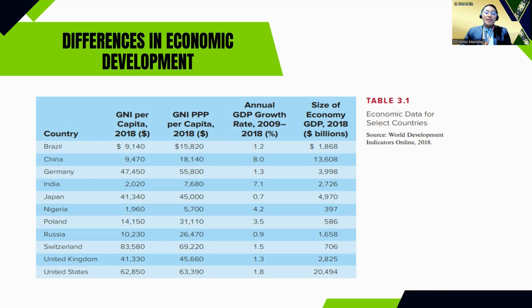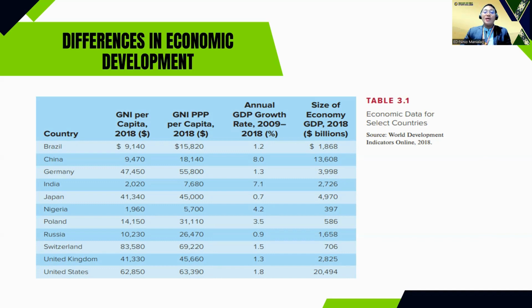Japan, on the other hand, has a GNI per capita of $41,340 with a PPP adjustment of $45,000, showing less disparity due to the cost of living adjustments. The growth rate is low at 0.7% with a large economy size of $4.970 trillion.